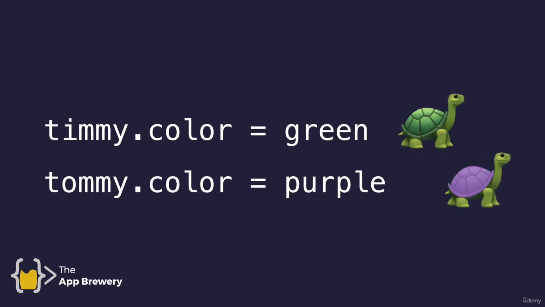Now, the fact that each of these objects can have different attributes and can be performing different methods at any one time in programming is known as their state. So the state of Timmy's color attribute is green and Tommy's color attribute is purple.